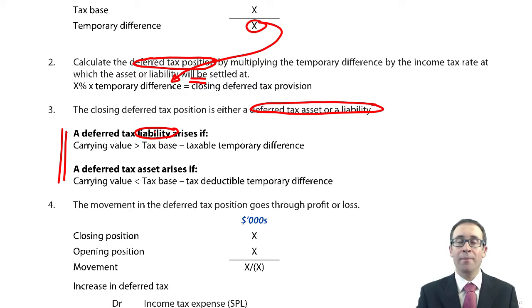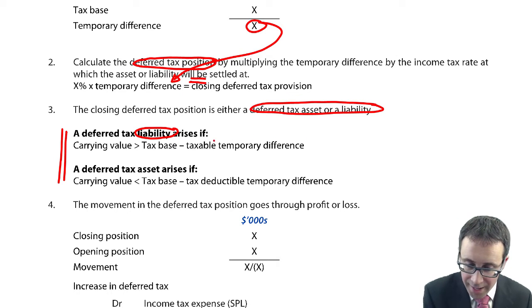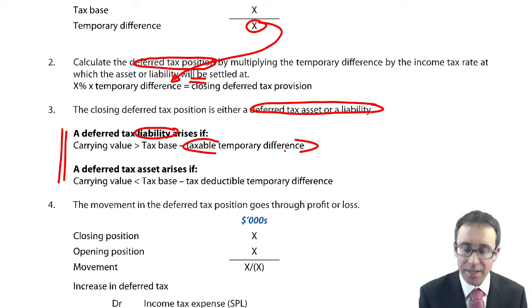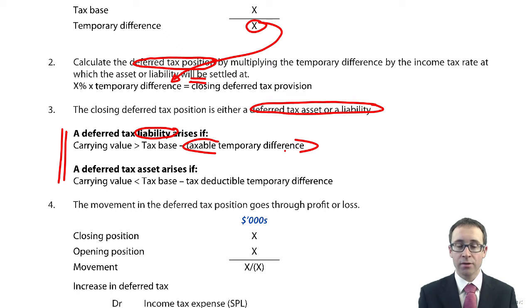The reason why it is a liability is because if your tax base is lower than your carrying value, it means you've claimed many more capital allowances in the earlier days of the asset's life. Therefore, there are fewer to be able to go through and utilize in later years. And if you are claiming fewer allowances in later years, then you're going to be paying more tax in the future. So therefore, you have a deferred tax liability or a taxable temporary difference, because you'll be paying more tax in the future.